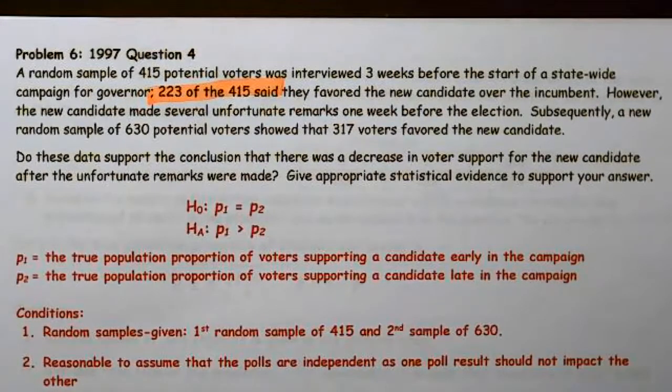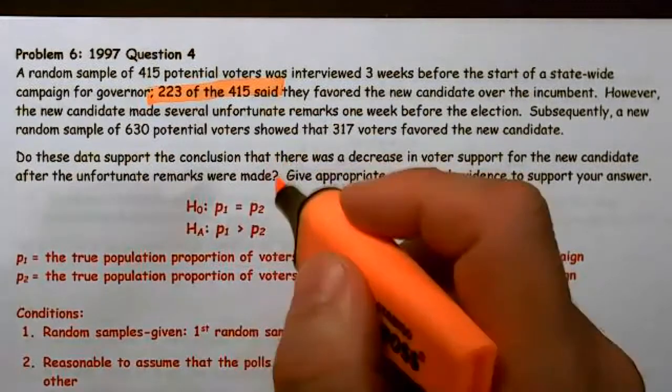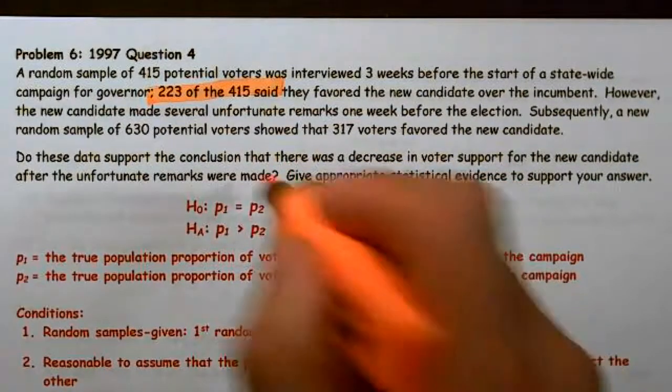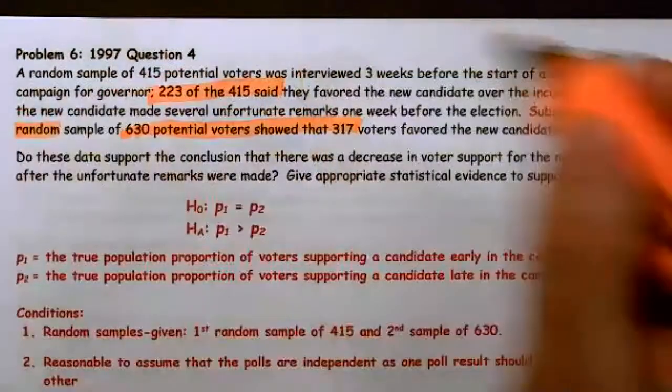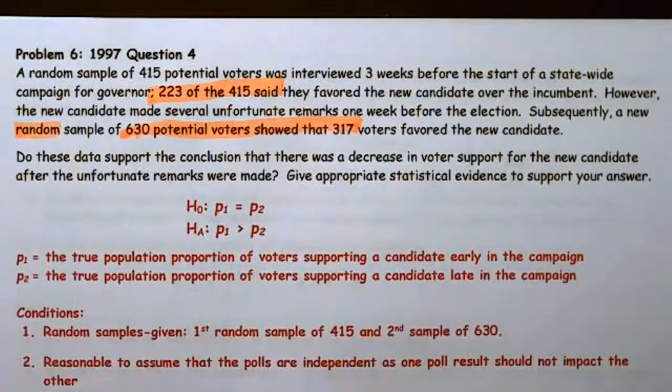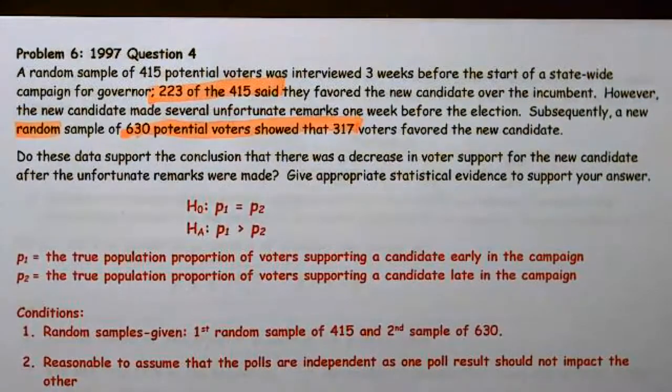Subsequently, a new random sample of 630 showed that 317 favored the new candidate. By the way, they told us these were random samples, which was nice of them. Do the data support the conclusion that there was a decrease in voter support for the new candidate? Give appropriate statistical evidence.